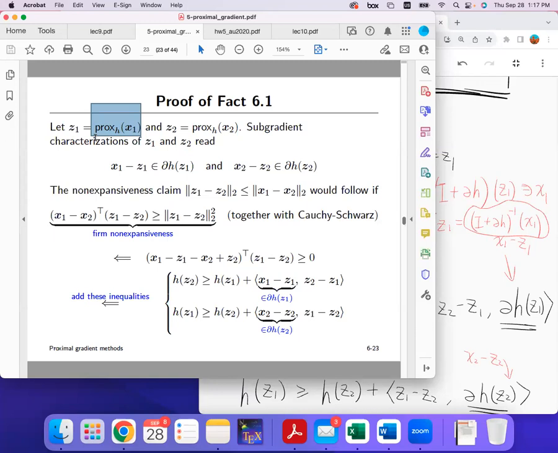So this entire concept of proximal mapping is connected to projection, generalized projection, but also generalizes linear operators.